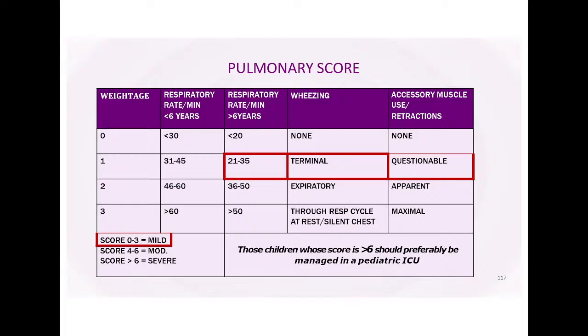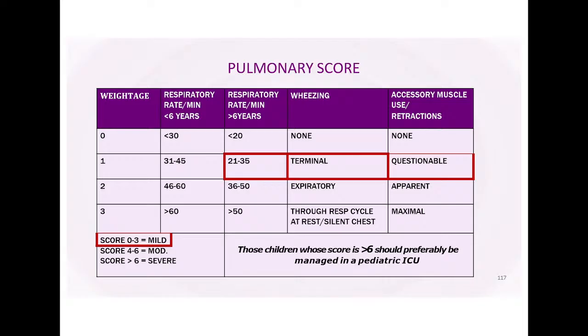Now use of accessory muscles: if there is no use of accessory muscles, then 0. If you have some doubt, like nasal flaring or suprasternal retraction, then it's a 1. If there is apparent use of accessory muscles of respiration, then a score of 2, and if there is maximum use of accessory muscles, like in severe distress, then it's a score of 3.